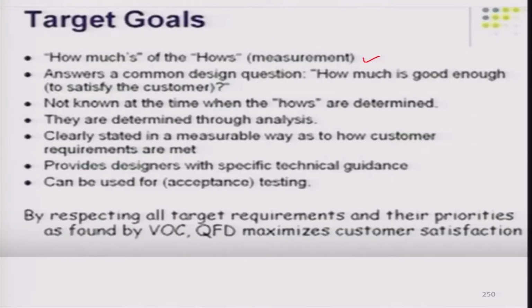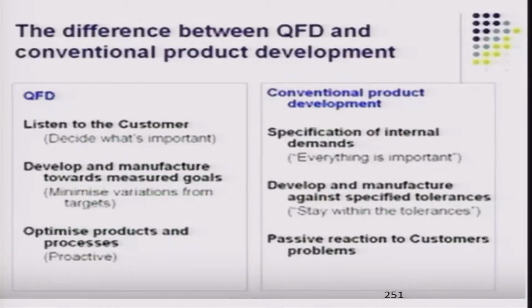So by respecting all target requirements and their priorities, you are basically training the voice of the customer, okay, in terms of the design requirements that you finally give to a certain product or a process. And obviously carrying out QFD at an early stage maximizes the customer satisfaction, which is quite needless to say at this level.